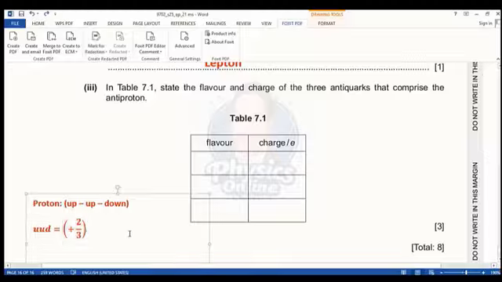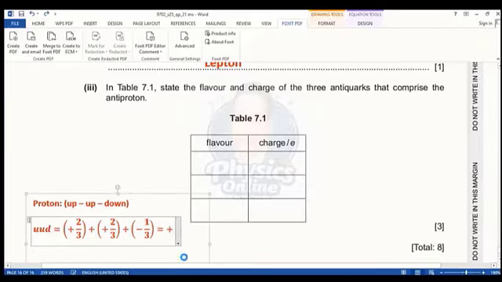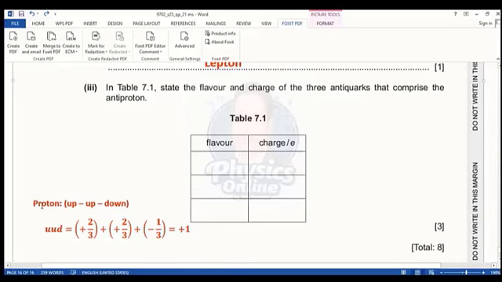Another up quark, positive 2/3. And for the down quark it is negative 1/3. The overall equals positive 1, which is the charge of the proton.